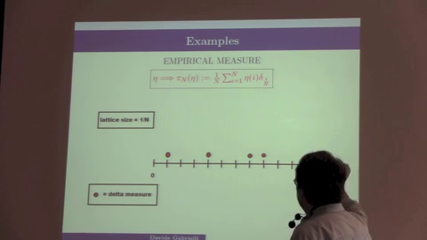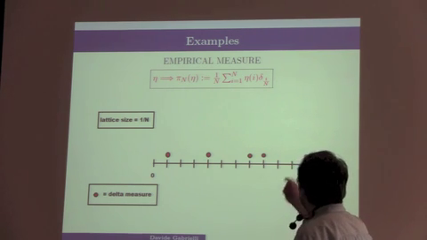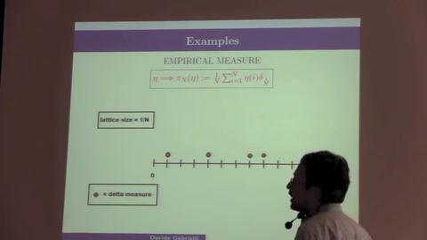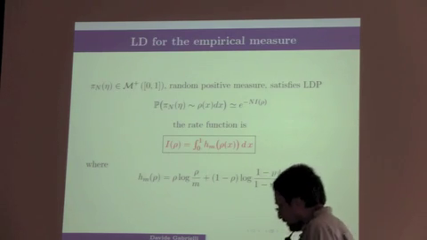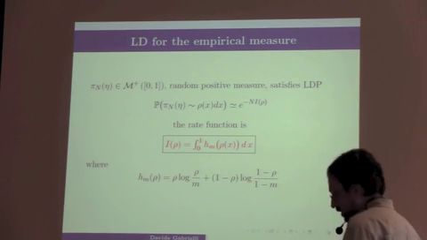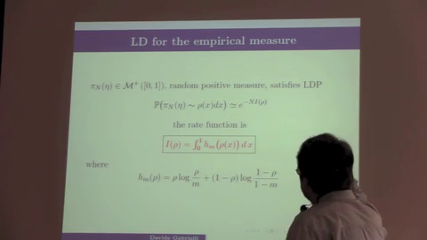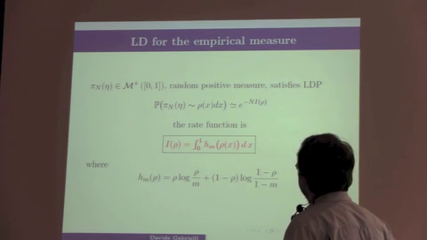So for a special configuration there is an associated combination of delta measures. This is called the empirical measure, and it will appear also in the following.